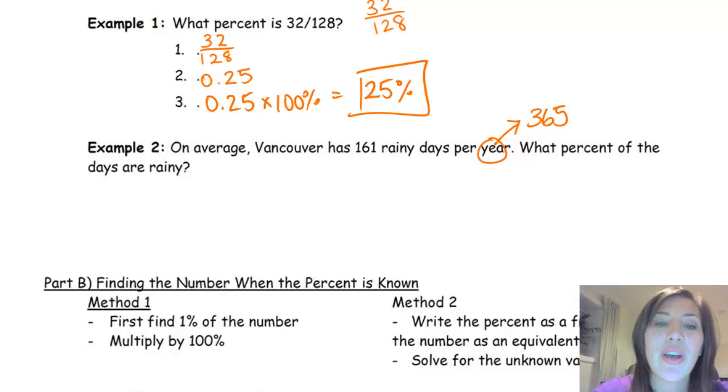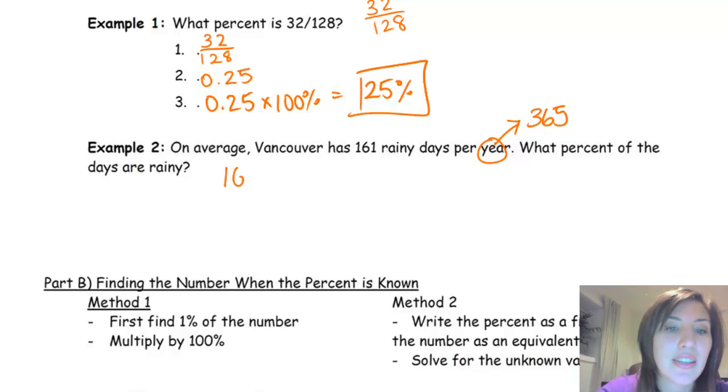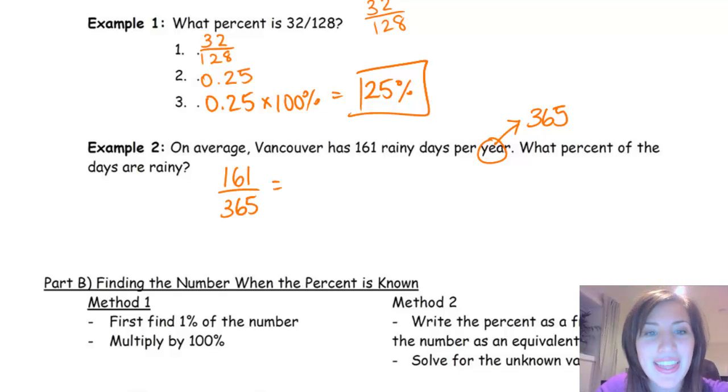So we want to know what percent of the days are rainy. Step 1, make it a fraction, 161 over 365. Divide that, 161 divided by 365, and you'll get 0.441 if you plug that into your calculator.